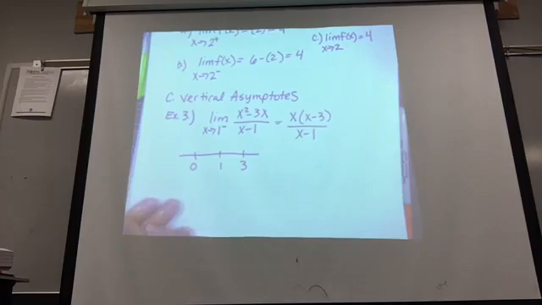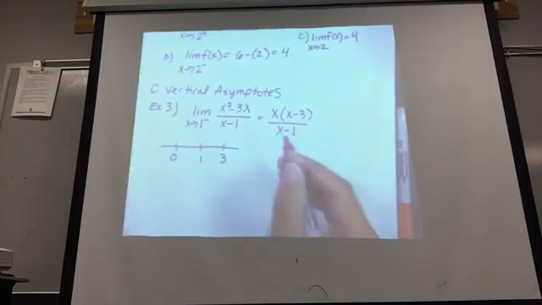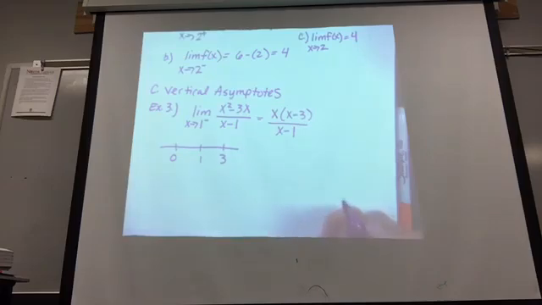For this example, since I'm only concerned about the left, I'm just going to plug in between 0 and 1, which would give us a fraction, but that's okay. And let's plug in 1/2, because that would be between 0 and 1.